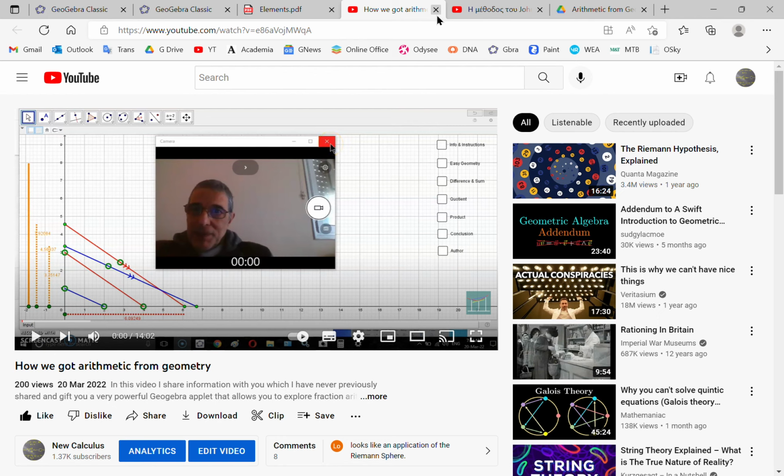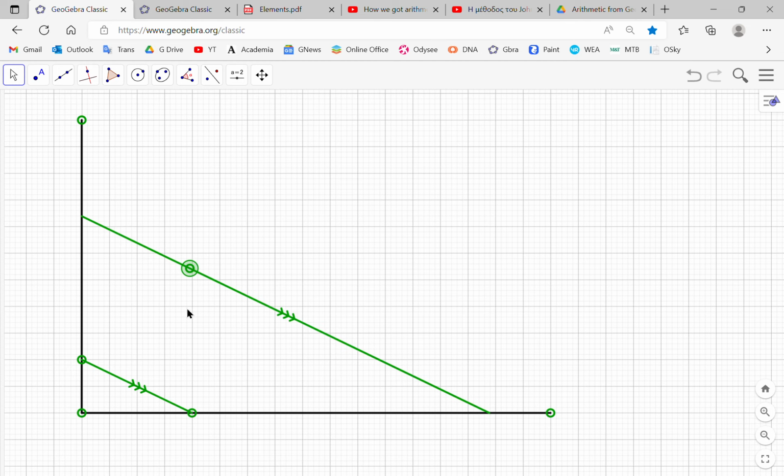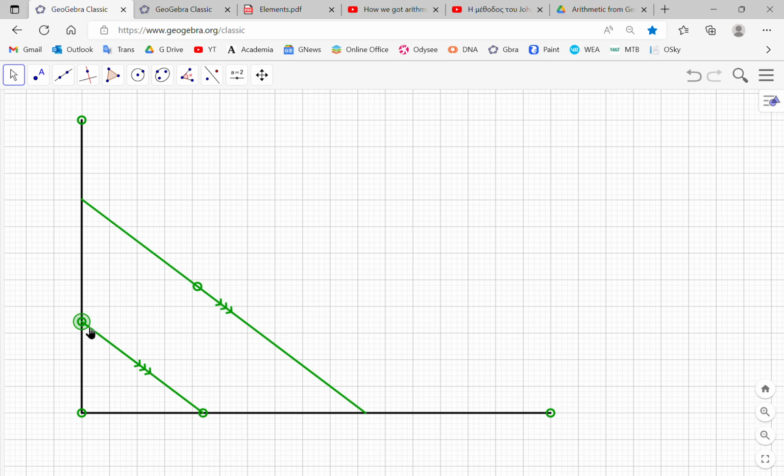So let's leave this and come to what is actually happening in book 5, the most important things, which I am about to explain to you. Now, what is a ratio? A ratio is merely the comparison of two magnitudes.